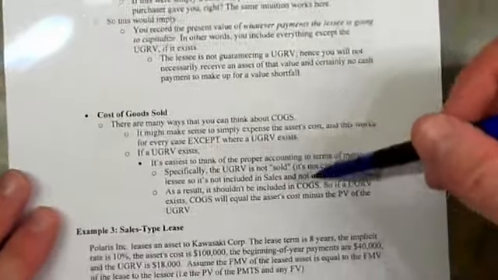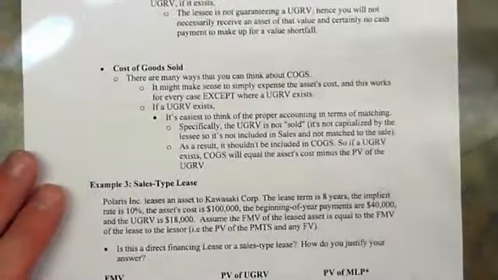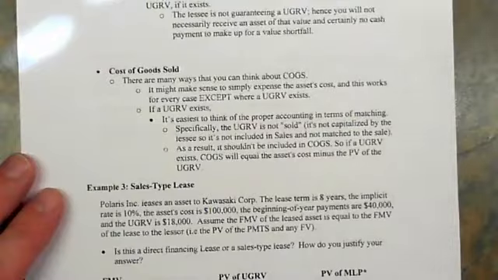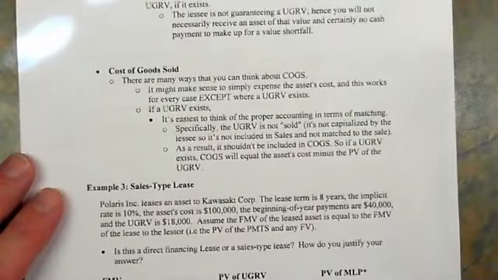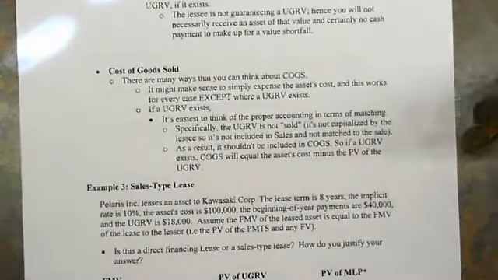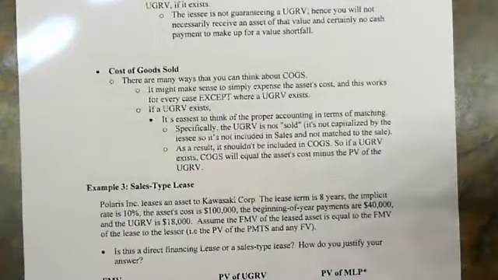With cost of goods sold, essentially we are selling the asset in a sales type lease. Back it up. We're not actually selling. In substance, we're selling the asset because the fair market value is greater than the cost of goods sold. We get to record some sales revenue. Anytime we record revenue, we have to record any expenses that went along with creating that revenue.